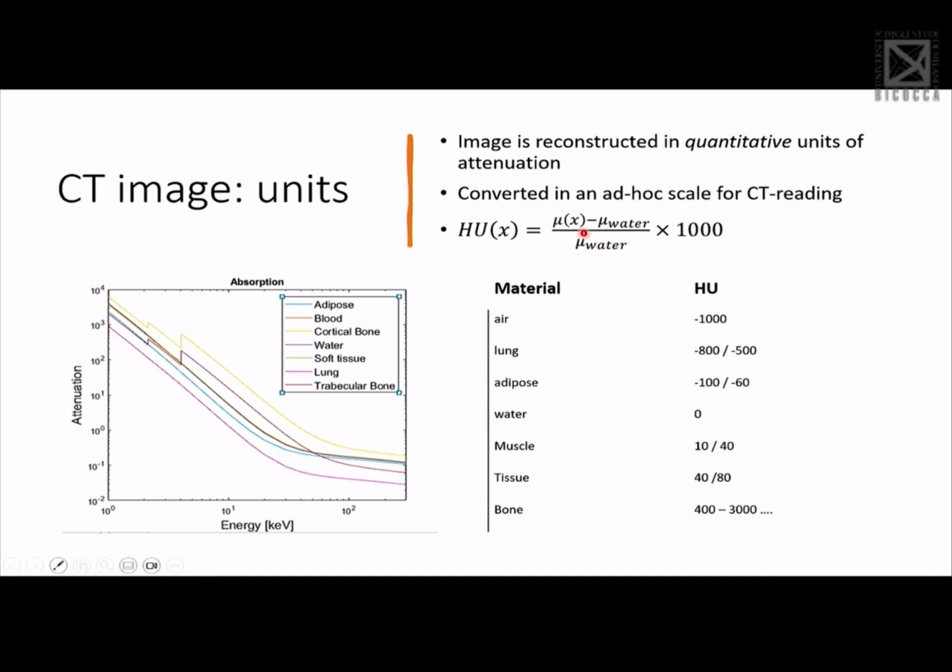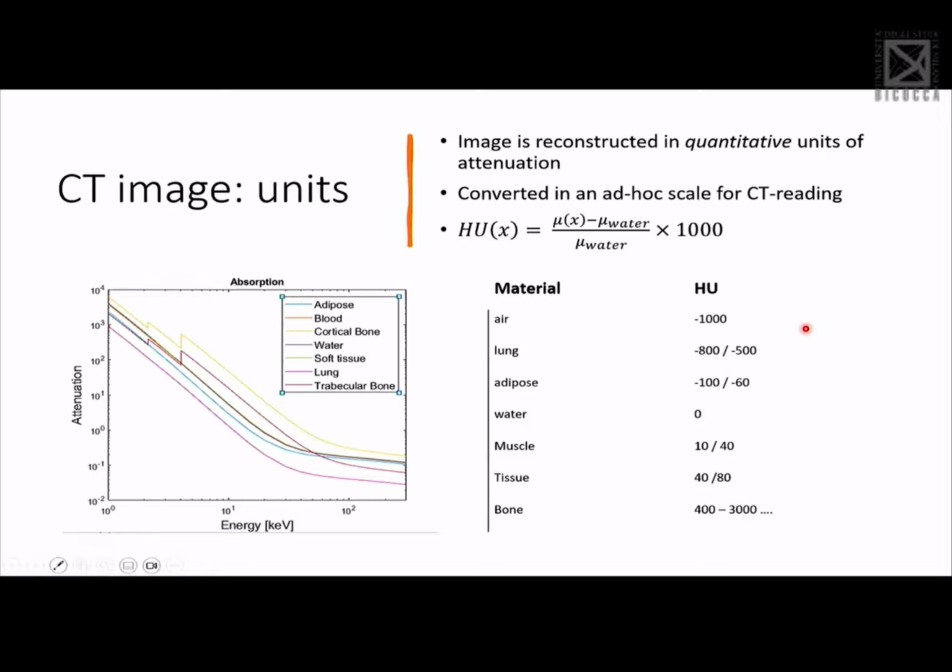This means that the lowest value you can have, when the absorption is 0, is -1 times 1000, which means -1000. And so experimentally, all these kinds of tissues have their own specific absorption coefficient. So lungs, according to the patient, the X-ray energy, and also the phase of inspiration, because when you are in full expiration, the lungs are more dense than when you are inspiring, so they are more filled with air.